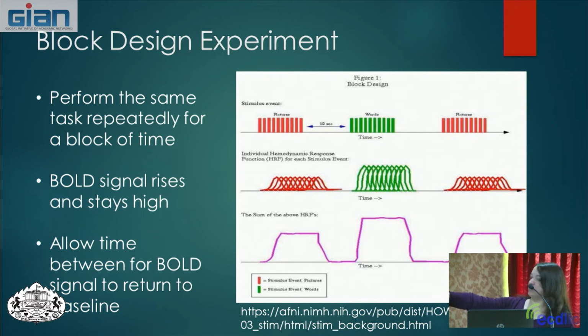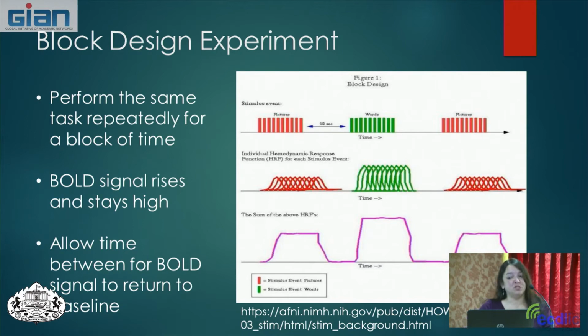And when we do this, we generally allow enough space. This picture here at the top is showing somebody looking at pictures versus looking at words. The red, they're looking at pictures, pictures, pictures. Then they have a 10-second stop, and then they're looking at words. Another 10-second stop, and then they're looking at pictures again.